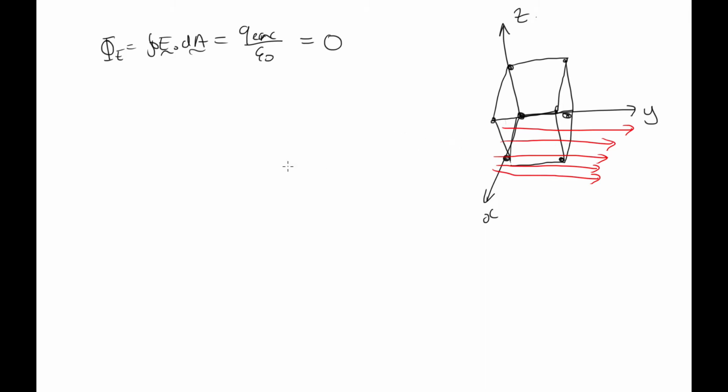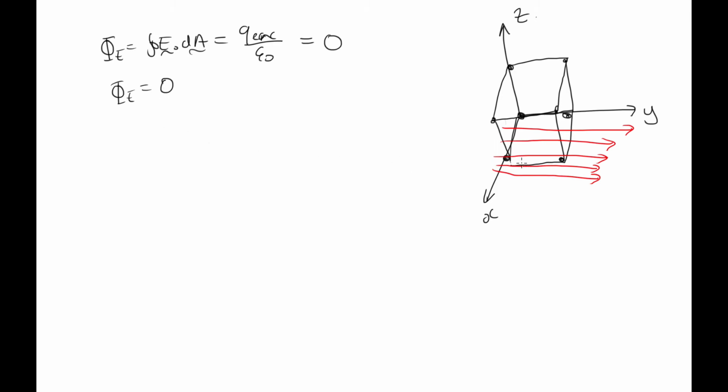Okay, so the first side we're asked about is (0,0,0), (2,0,0), (2,2,0), (0,2,0). So this bottom side here. Hopefully you can see this bottom side is parallel to these electric field lines, so they aren't actually cutting through this lower surface. So for that first one, the electric flux is equal to 0.